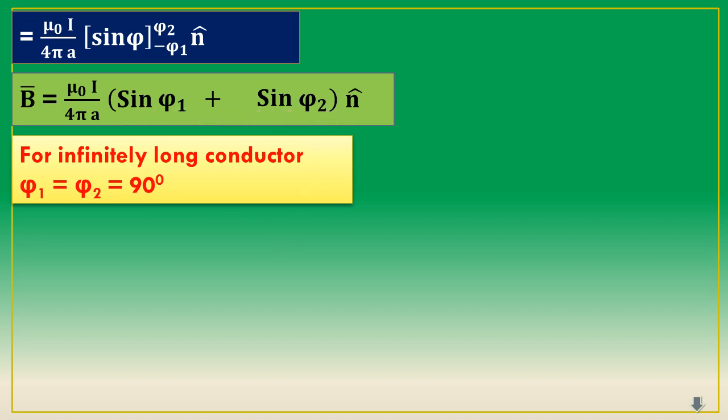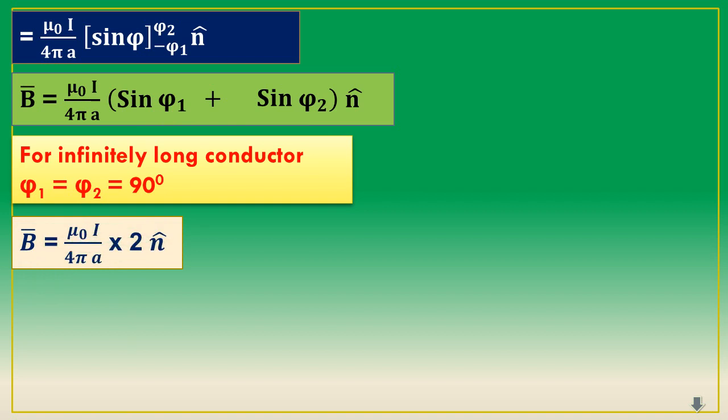Already you know sin 90 degrees has the value 1, and the other sin 90 degrees also has the value 1. So 1 plus 1 gives 2, and finally B vector is equal to mu naught I divided by 4 pi A into 2 into n cap.